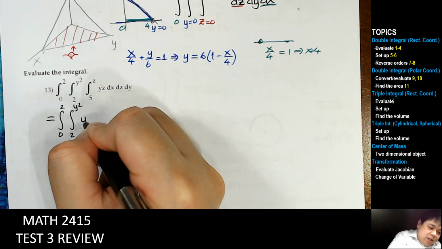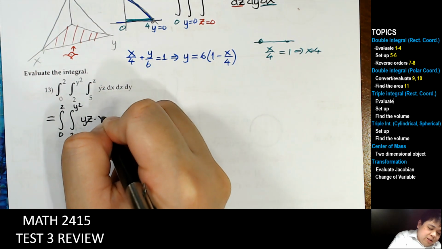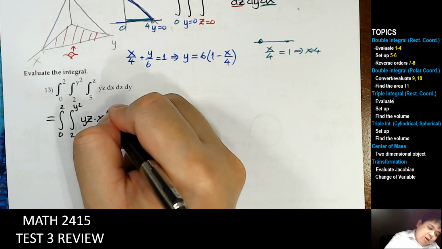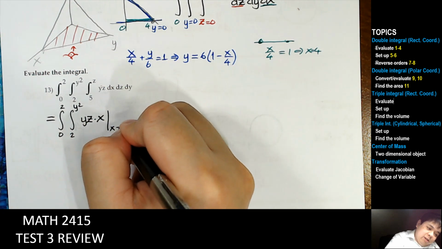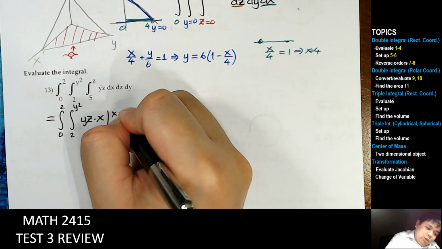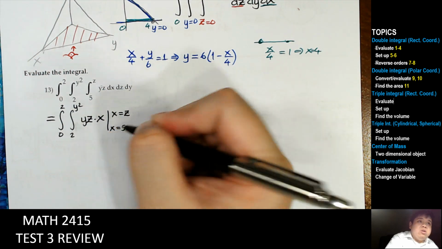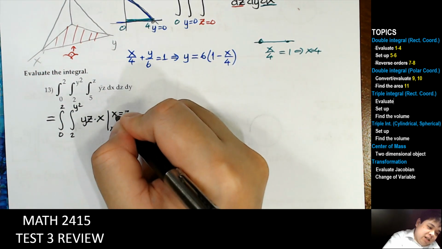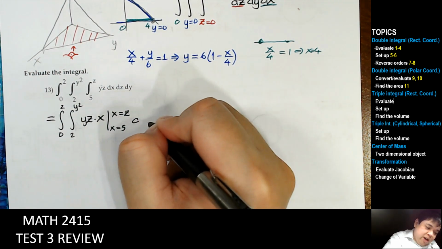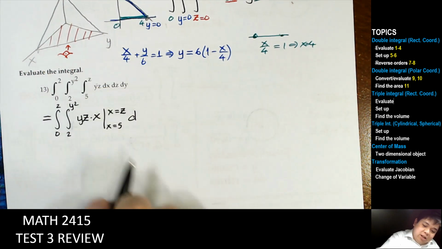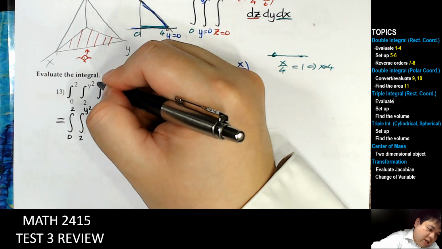So we're going to have yz times x, where x goes from 5 to z. Sometimes it's not clear, so we can always write the limit like this, with the particular variable. And so that is what we did, we just did the inside integral.